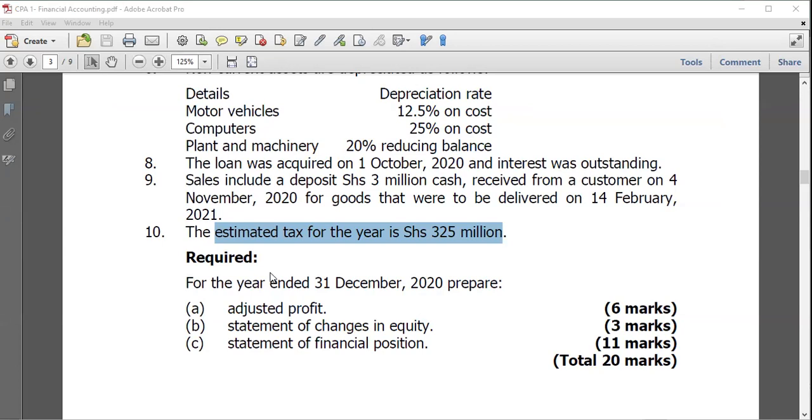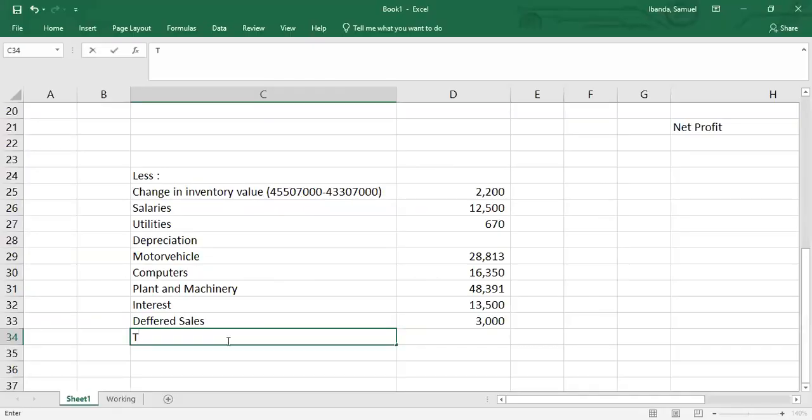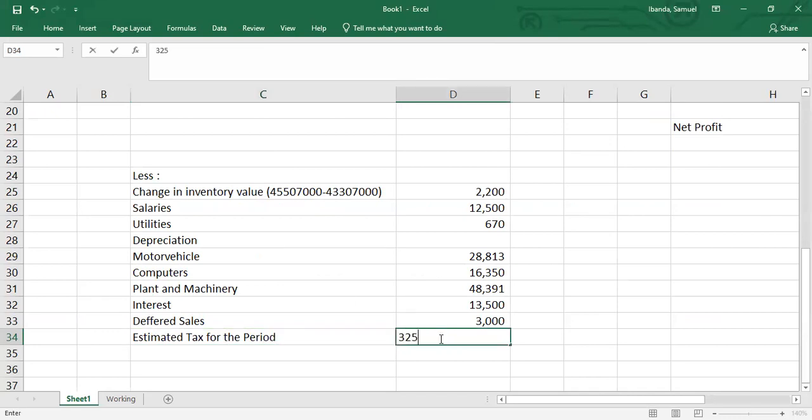So I'll just come here, estimated tax for the period is 325,000. That is what I'll basically do there.